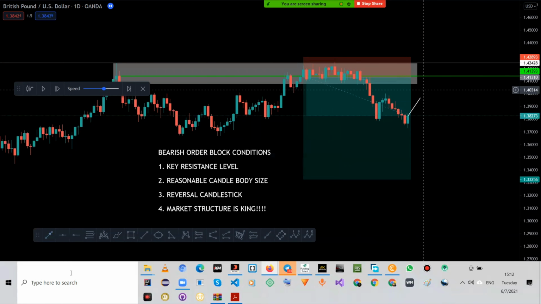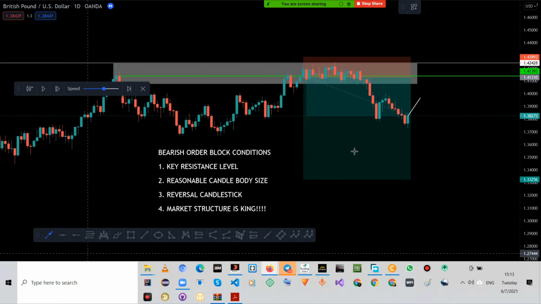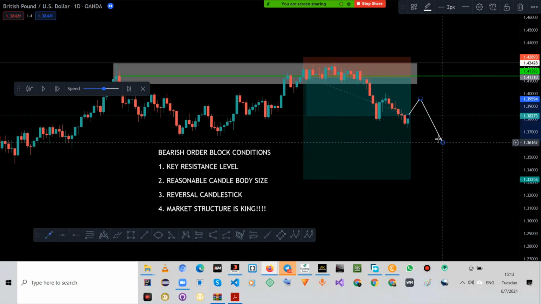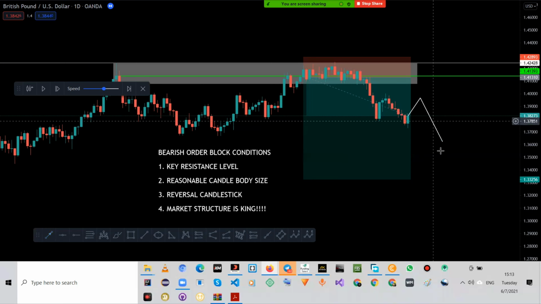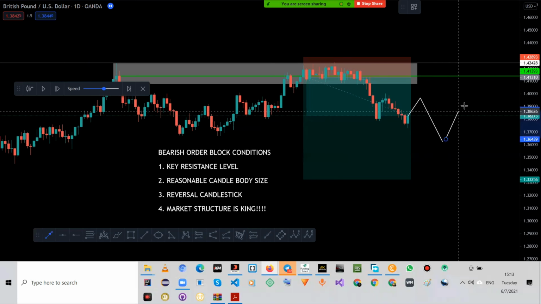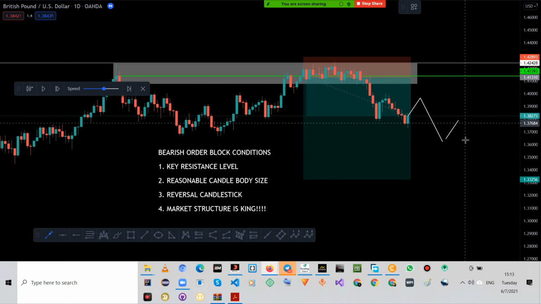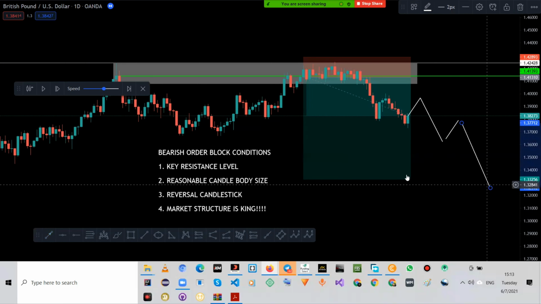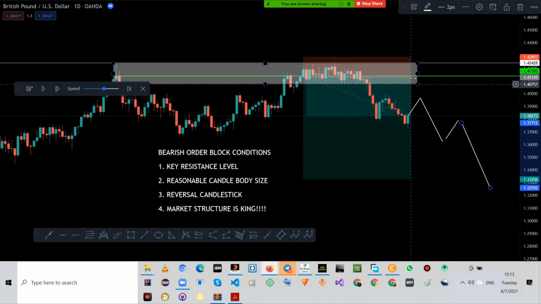So our lower high, then continue to the downside like this. This is what you're expecting, creating more lower lows, lower highs, more lower lows, until it gets to our take profit area right here.